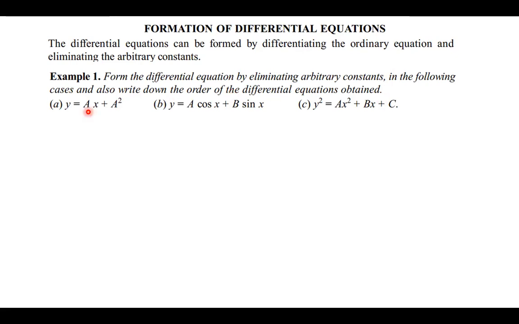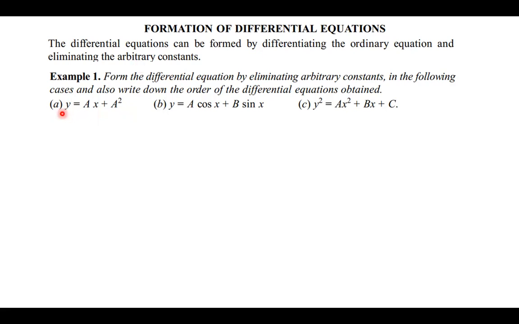When you look at this first equation, you can simply get the differential equation of it by just differentiating it. You did differentiation in first year, and even last semester in engineering.